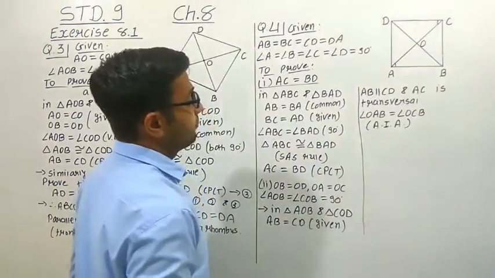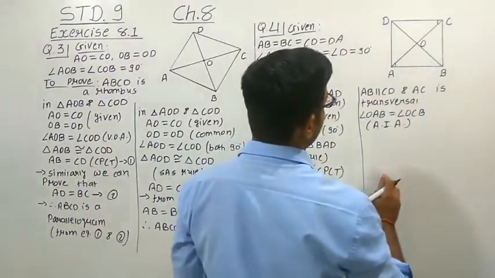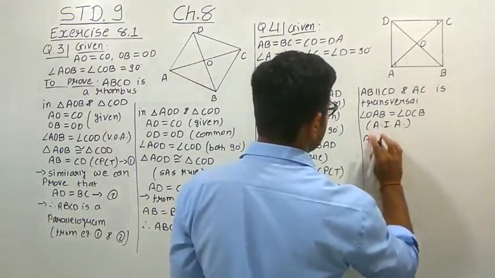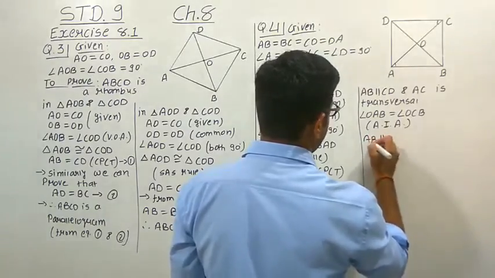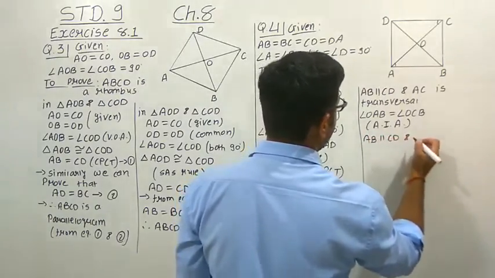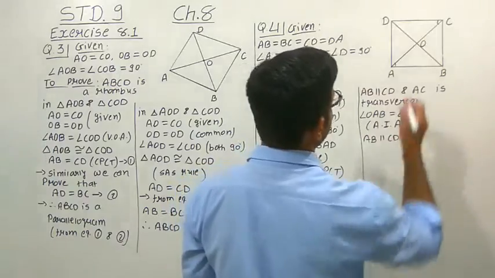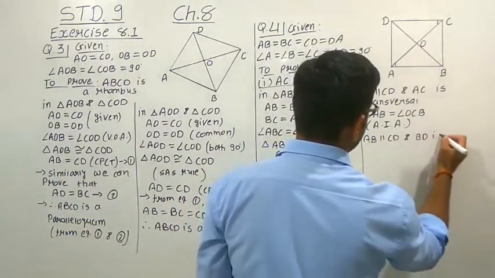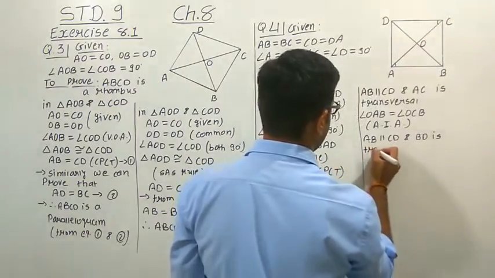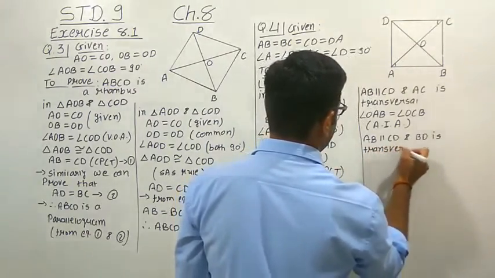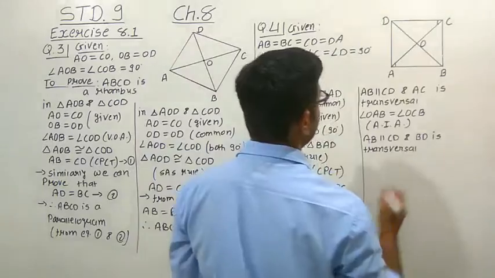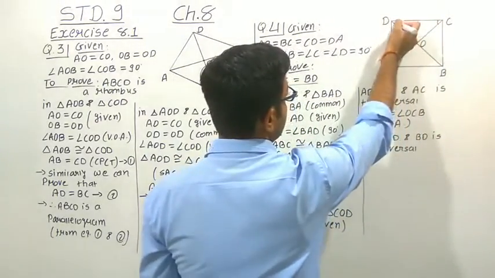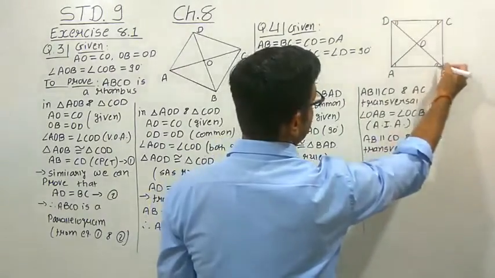In the same way, here also we can take one more condition, that AB is parallel to CD, and this time again we can take BD as a transversal. When we take BD as a transversal, one of the Z is formed here, so this angle and this angle will become equal.